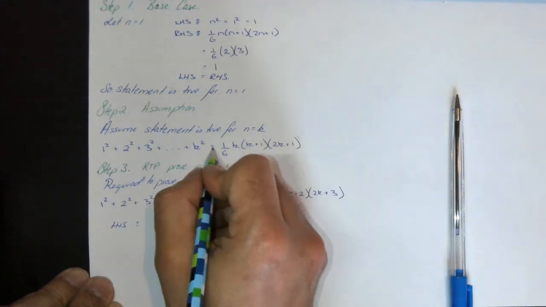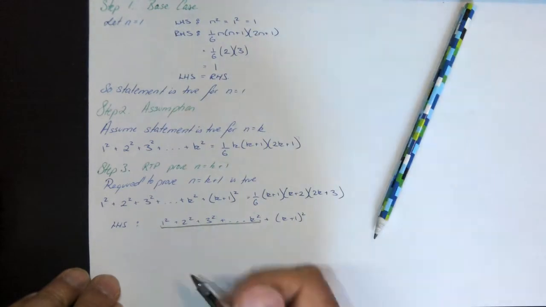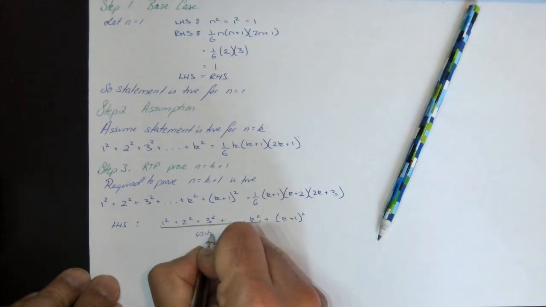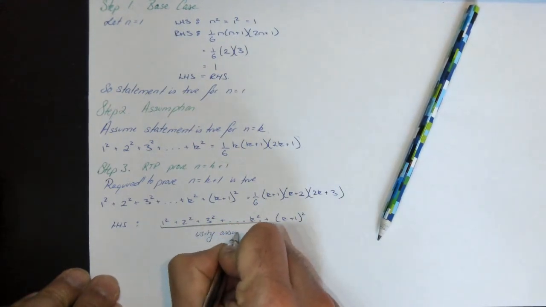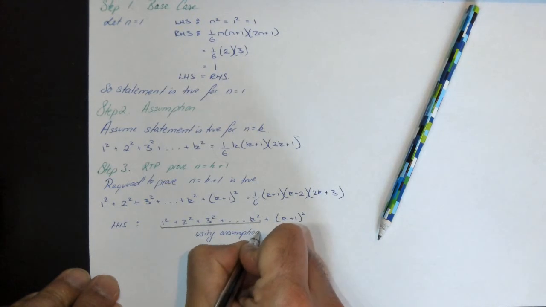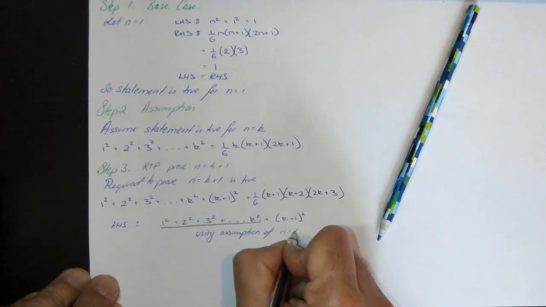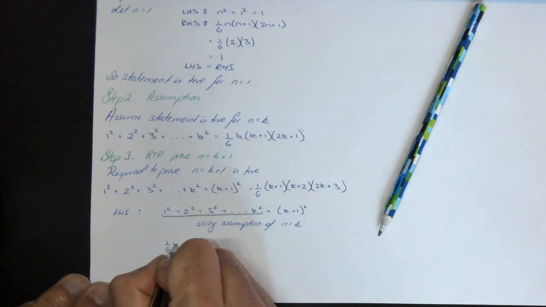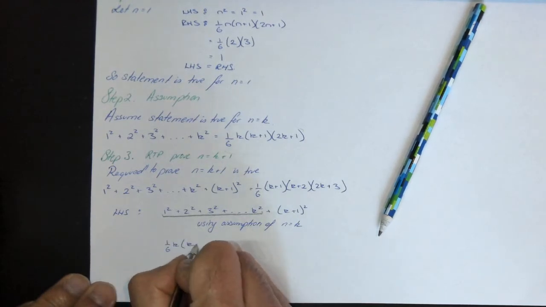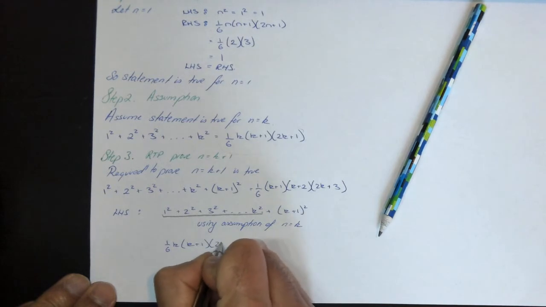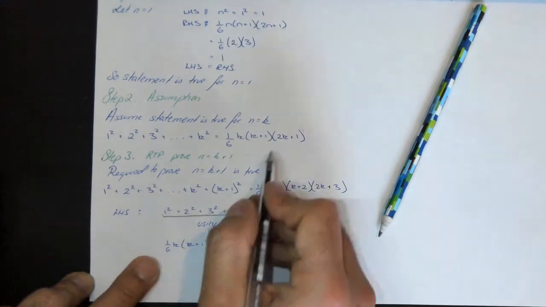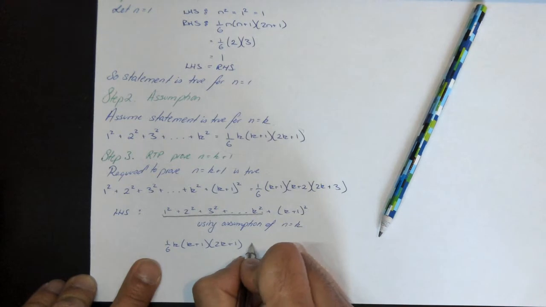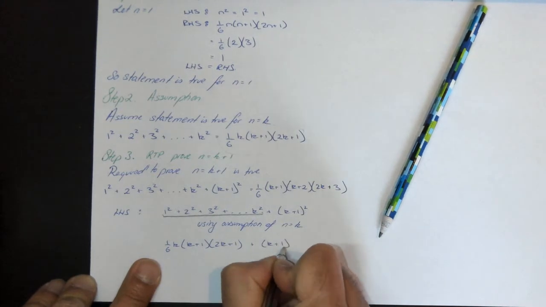So using the assumption of n equals k, we've got 1/6 of k, k plus 1, 2k plus 1, that's substituting that for that, plus k plus 1 all squared.